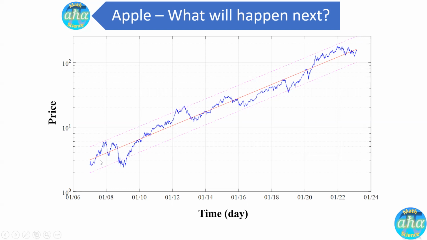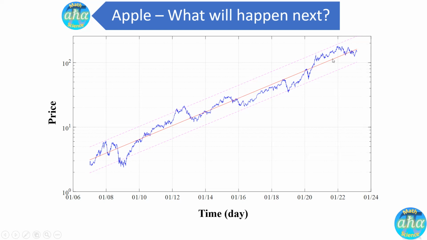When the price versus time is plotted on a log scale, it follows a very nice straight line. And this is basically a manifestation of the compounding formula. So when we see the price go up and down, it seems random, but it does follow more or less a straight line.